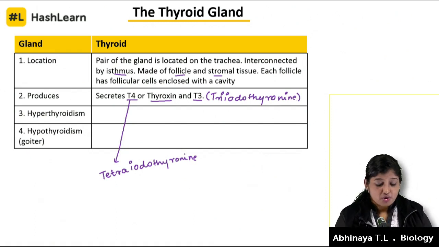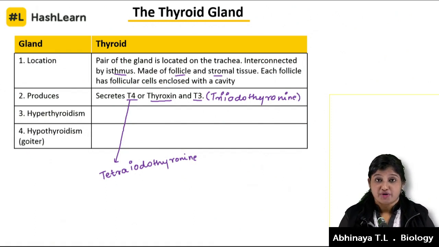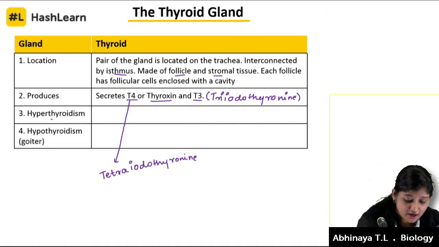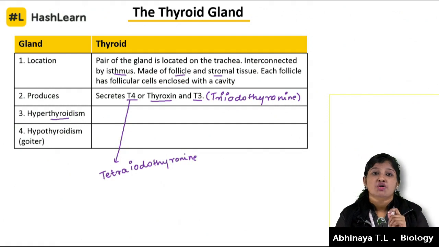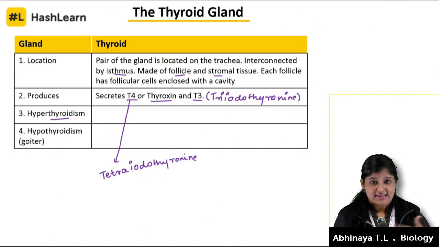Okay, so if these hormones are produced in excessive amounts, they're going to lead to hyperthyroidism. This generally happens when there are nodules or cancerous cells on our thyroid gland. It leads to a lot of imbalance in our metabolic activity.